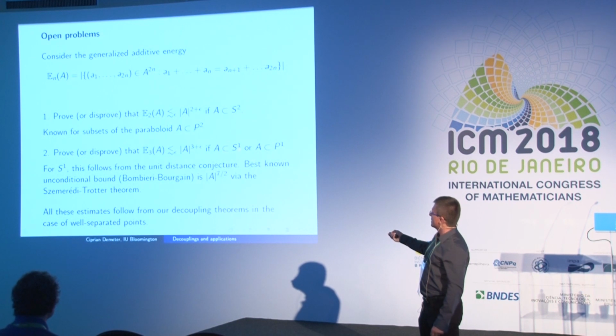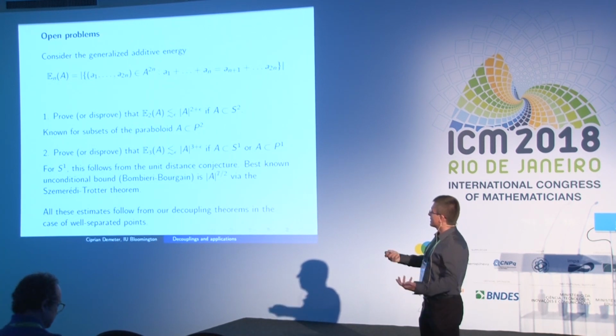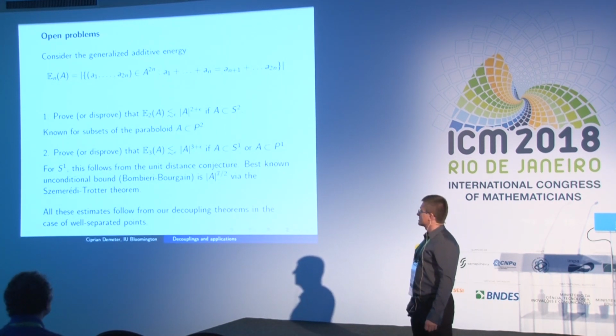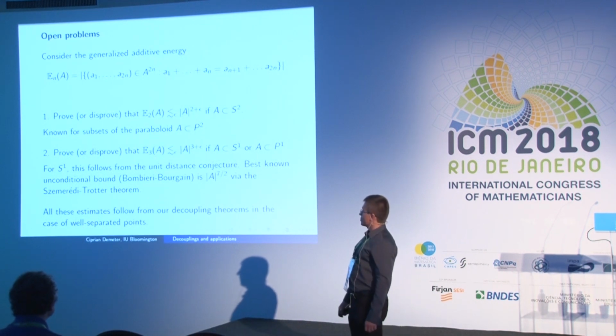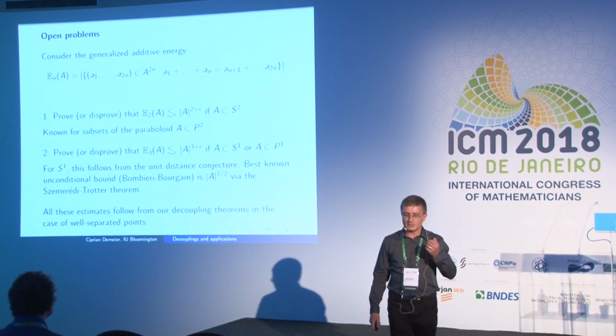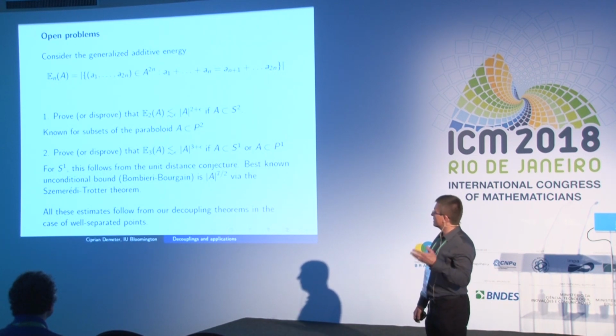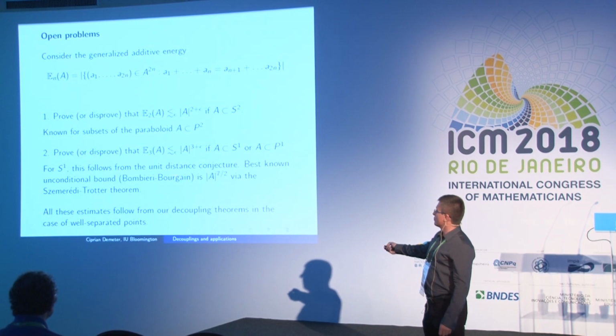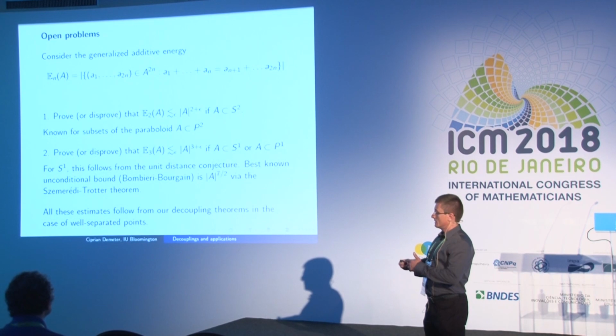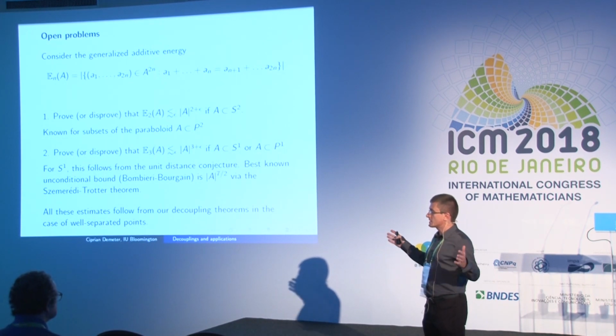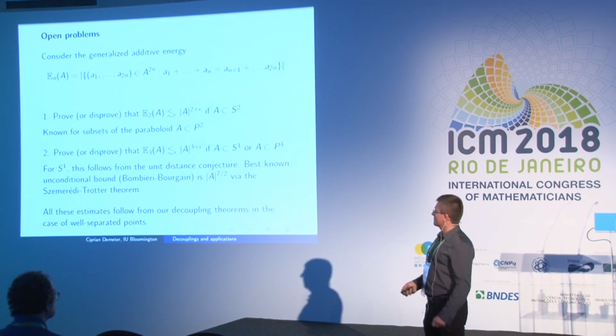Similarly, for the circle or the parabola, the question is about E3. So you look at 6 tuples. Again, prove that this is the case. You know, Jean Bourgain and Bombieri have used a lot of algebraic geometry and algebraic number theory, I should say, to prove this conjecture for very particular subsets of Z2 intersected with a rescaled version of the circle.